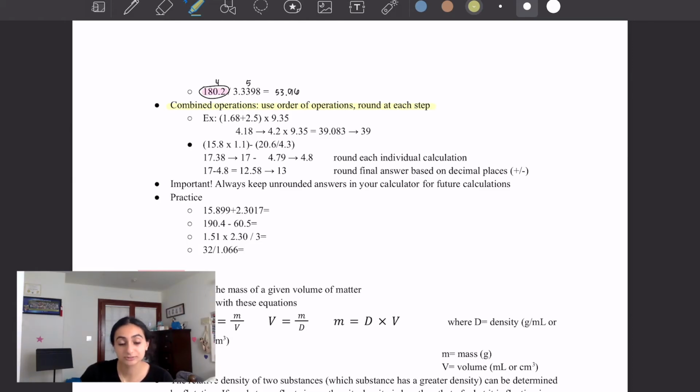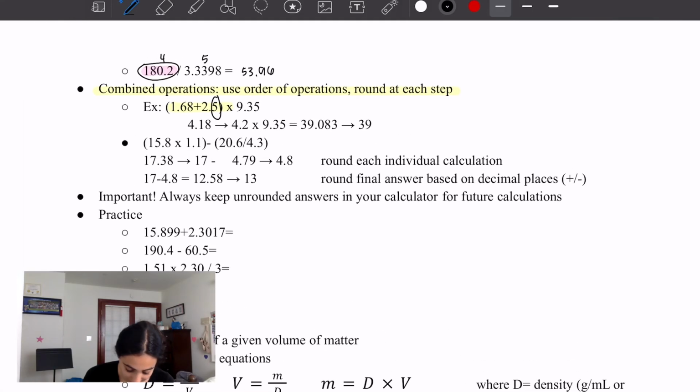And with addition and subtraction, you can say it out loud with me: you round to the number that has the least amount of digits after the decimal place. So 2.5 has 1 digit after the decimal place. 1.68 has 2. So our answer for this addition part, which I wrote down here, is going to be rounded to 1 digit after the decimal place.